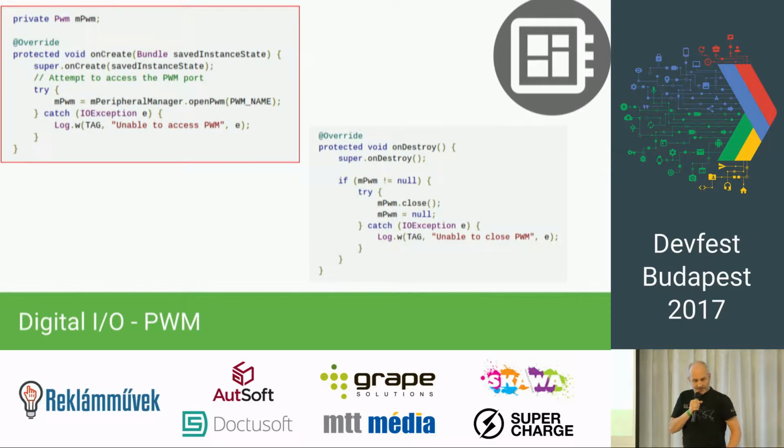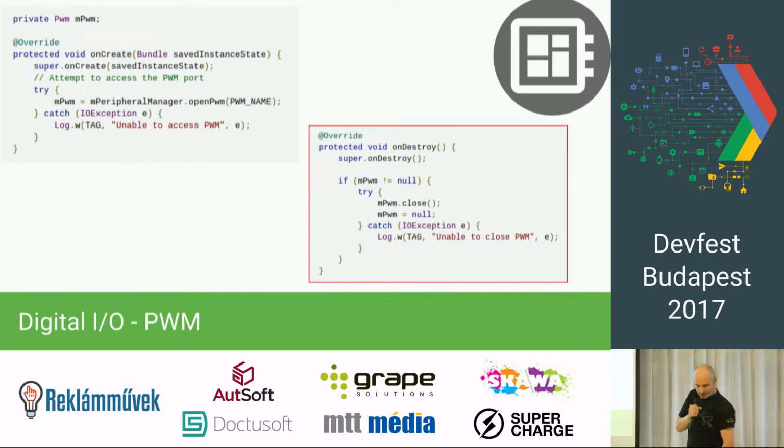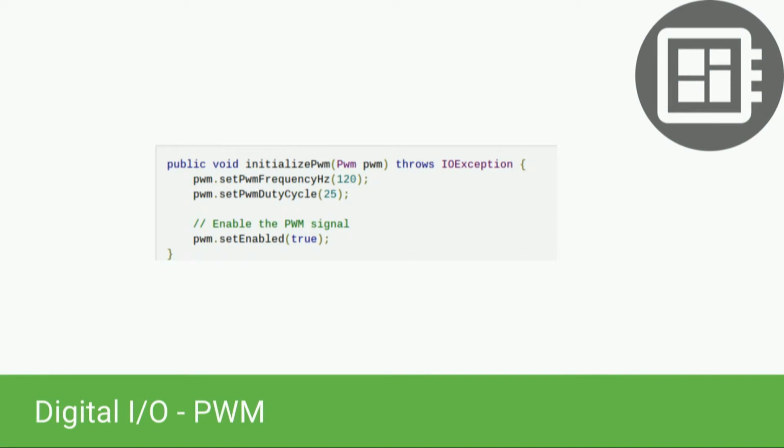So again, the peripheral manager is used to open the PWM port, and don't forget to close it afterwards. And this is how you set the duty cycle and the frequency. So it's really easy. Maybe somebody has heard that you can use PWM to control servos, which is quite hard to do.